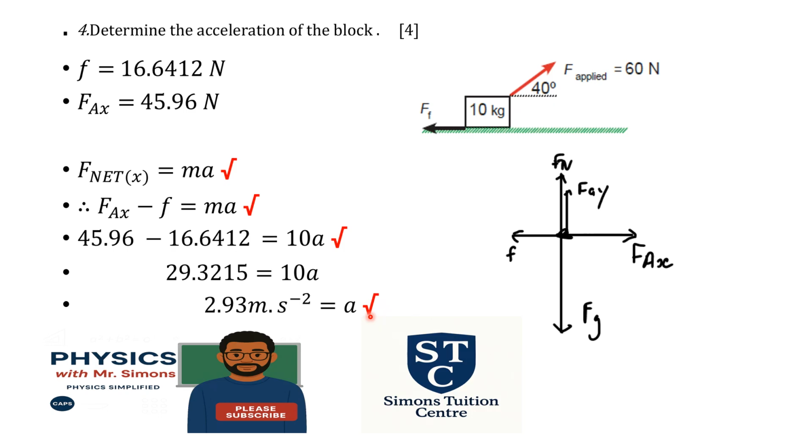And there we found the acceleration. So 1 mark for correctly specifying Newton's second law, F net equals ma. Another mark for putting in the correct forces as per my diagram, substituting the correct values and getting the correct answer. I hope you understand.